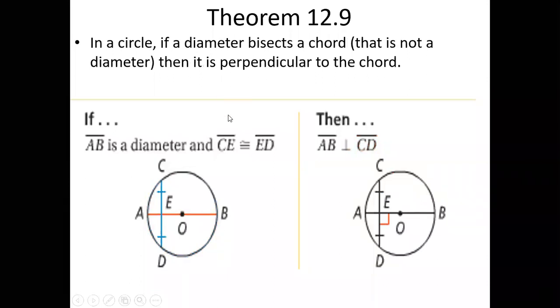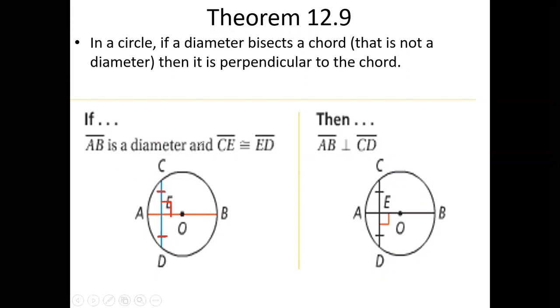In a circle, if a diameter bisects a chord, then it is perpendicular to the chord. That is, if any diameter is bisecting the chord, then the diameter will surely be perpendicular to the chord.